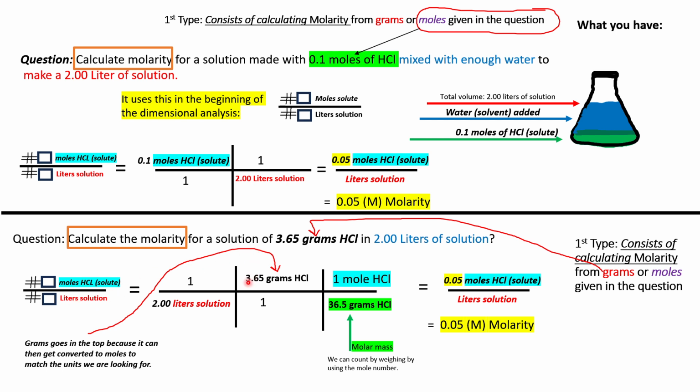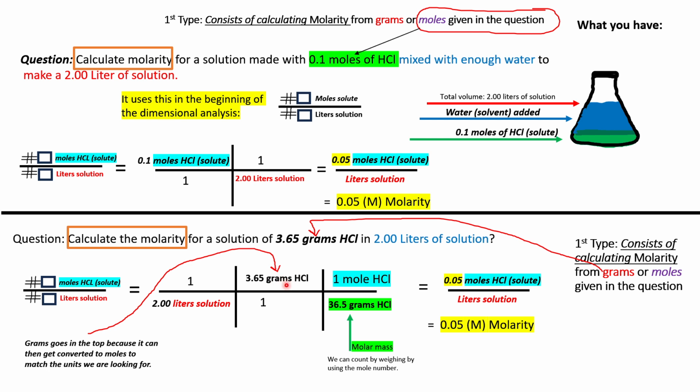Now the next thing that I'm going to do, I'm going to write 3.65 grams of hydrochloride over 1. Again, it's not a conversion factor. And now I do have to match my units going diagonally because I'm going from grams to mole.